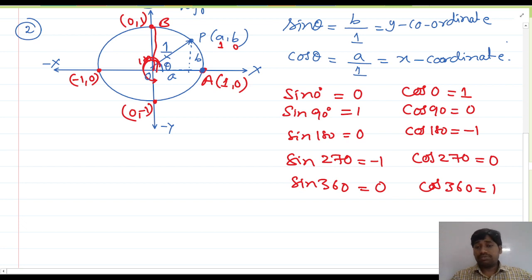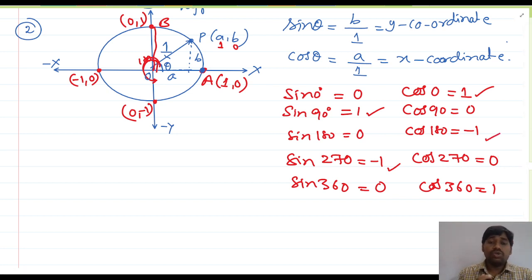If you observe the whole cycle of 360 degrees, sine is maximum 1, minimum minus 1. Cos is the same, maximum 1, minimum minus 1. So sine value is never more than 1. Is it clear?